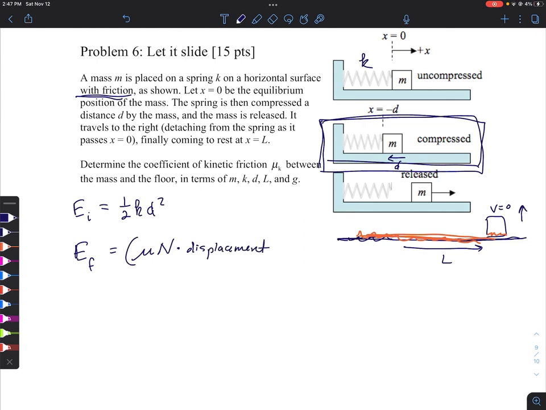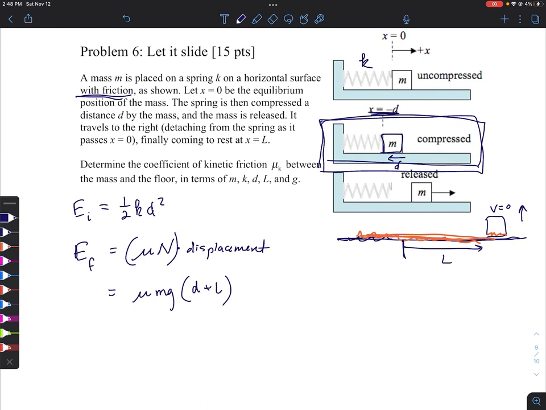So how far it went, because that's F dot dr. That's the work done. So it's mu times the normal force. There's nothing sitting on the block, so the normal force in this case is mg. And how far did it go? Well, the block started here at minus d, and it stopped at plus L. So the total displacement is d plus L.